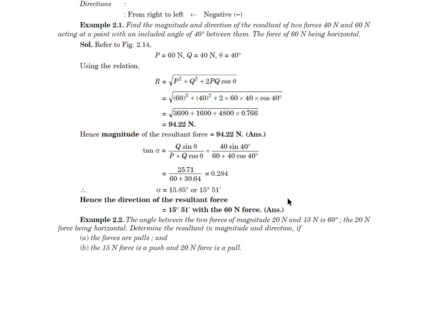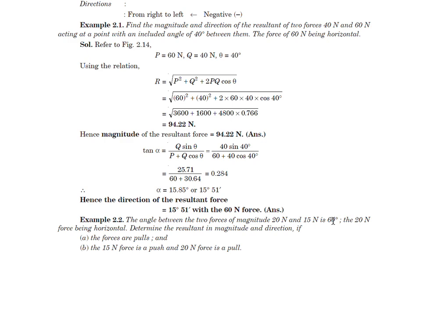Coming on to the next example, which is 2.2: the angle between the two forces of magnitude 20 Newton and 50 Newton is 60 degrees, the 20 Newton force being horizontal. Determine the resultant in magnitude and direction if the forces are pulls.